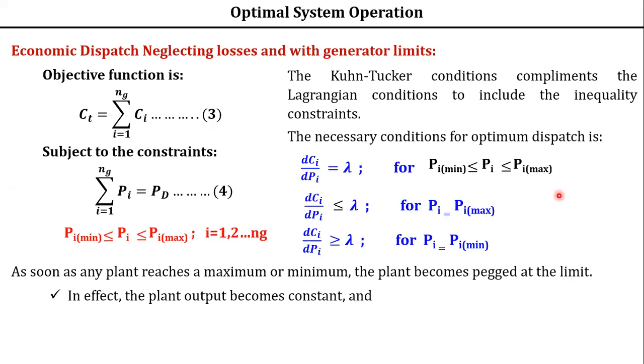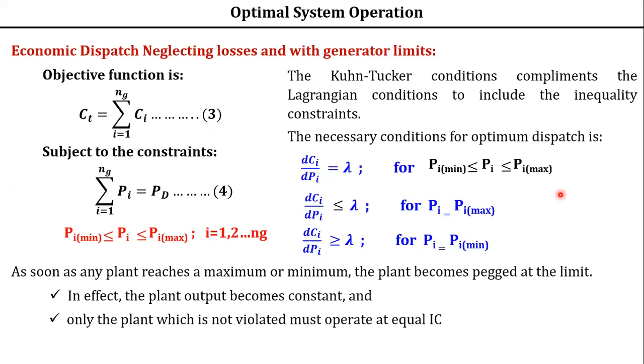Coming back to this, only the plants which have not violated their limits must operate at equal incremental fuel cost. Suppose three generators are there. Understood? The second generator has violated the maximum limit, so that second generator will be clamped or pegged at its maximum limit, and you cannot use it further.